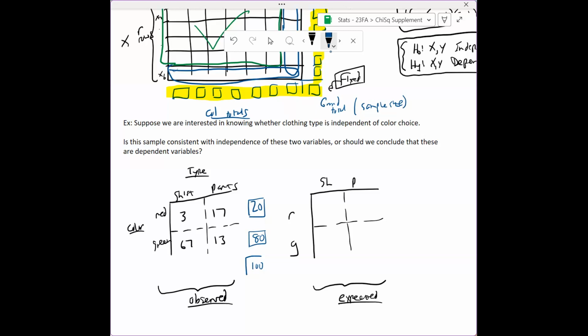And then if we look at the types, how many people total had a shirt on? Maybe my analogy is starting to break down here, but how many of the observed people had a shirt that was one of these two colors, I suppose is a better way to put it. 70. And how many had pants that were one of these two colors? 30.